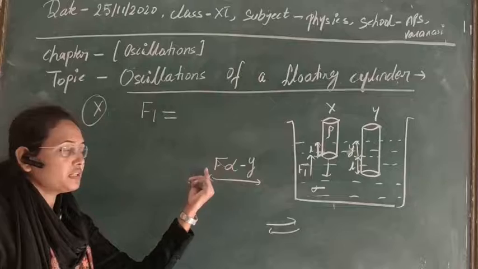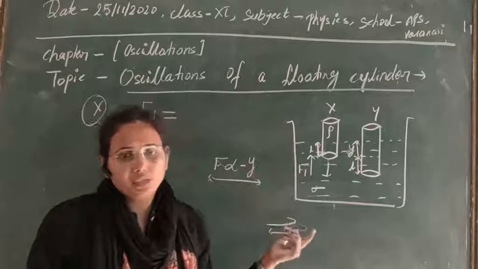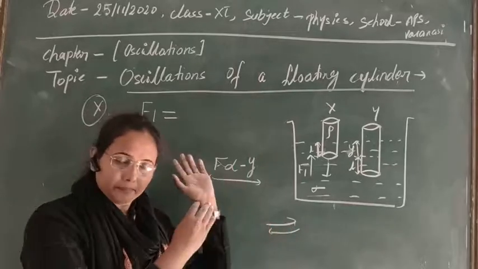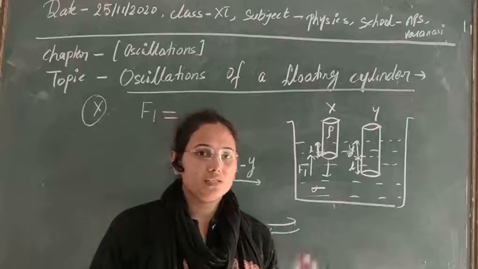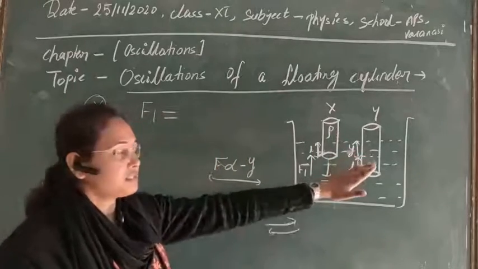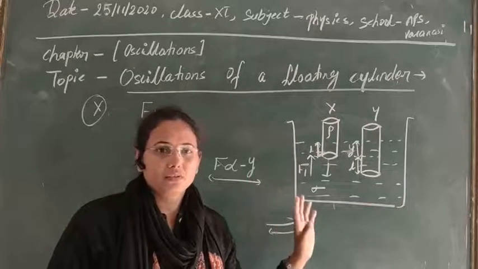If you know the restoring force, then with its help we can easily calculate the spring factor. So we can calculate the time period and oscillations in the case of the floating cylinder. I think the qualitative and brief description of it is clear.